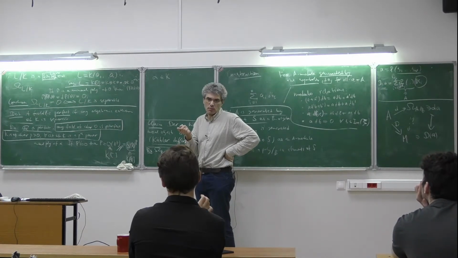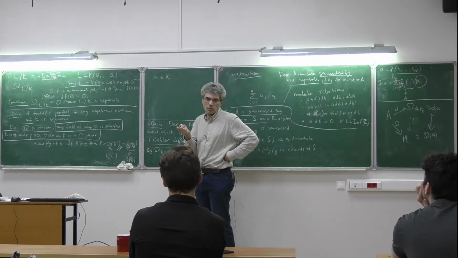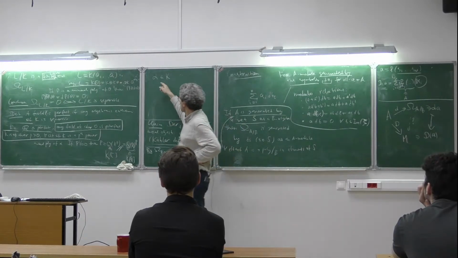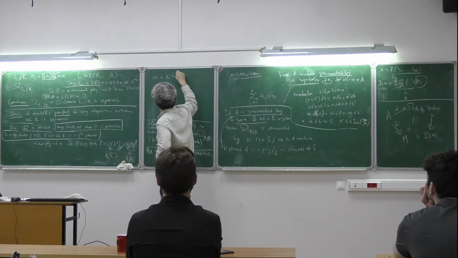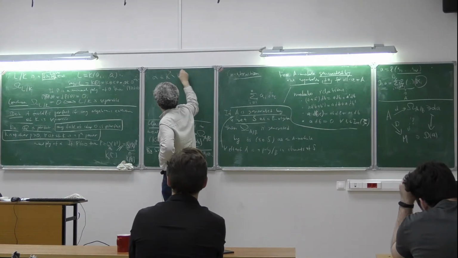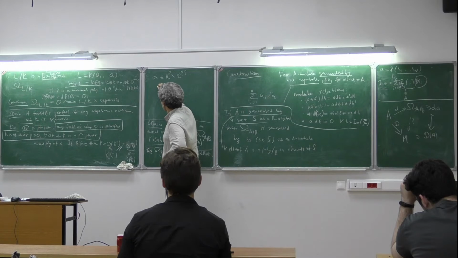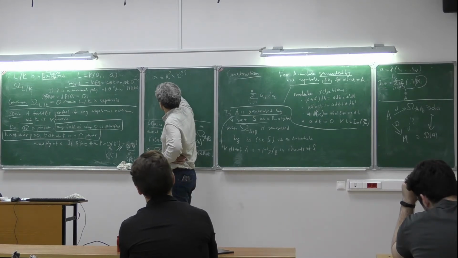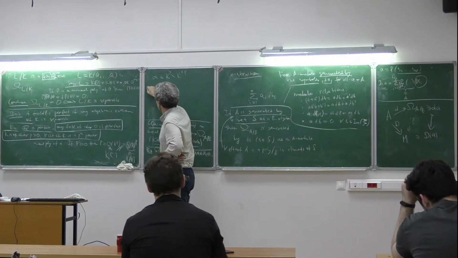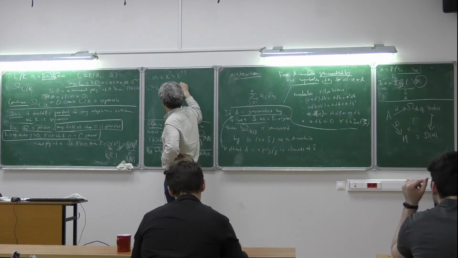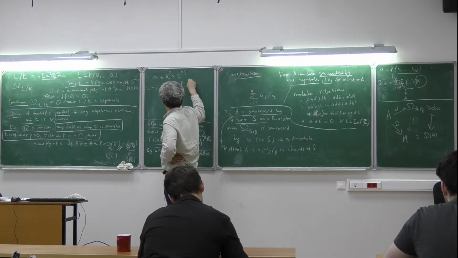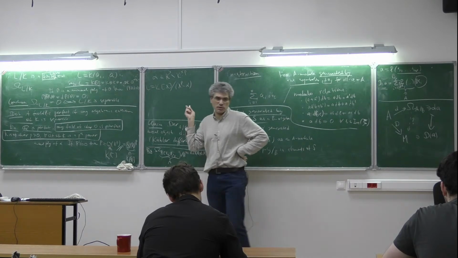Yes, and prove that it isn't separable. Yeah, of course. So if it is not a pth power, we can just consider this extension, x to the p minus alpha.